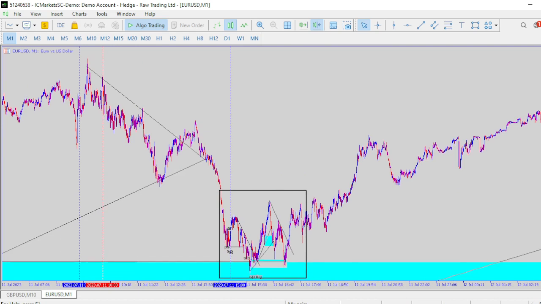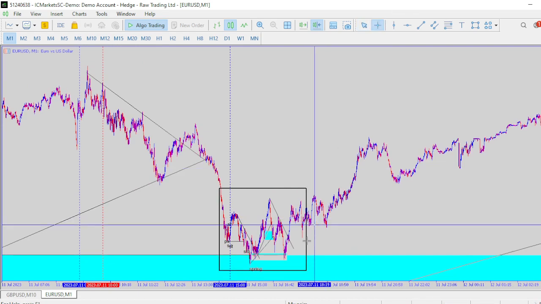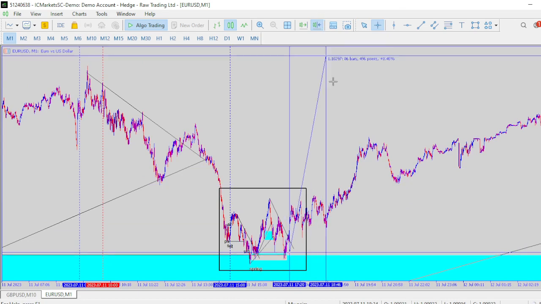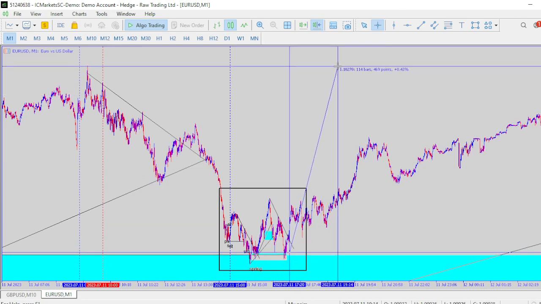You see, with a 2.1 pip stop loss, that's a 1 is to 20.